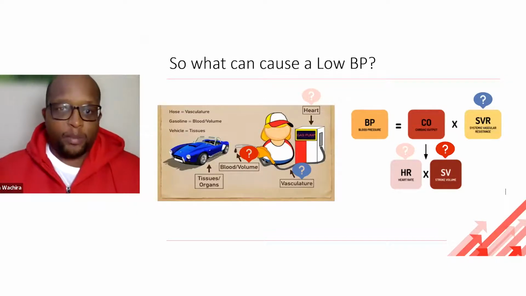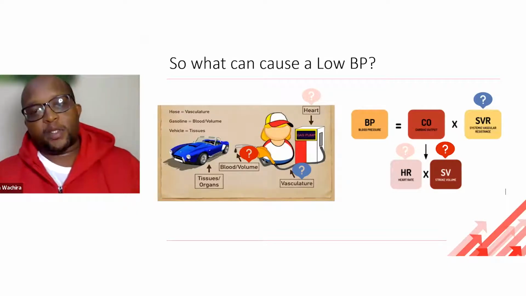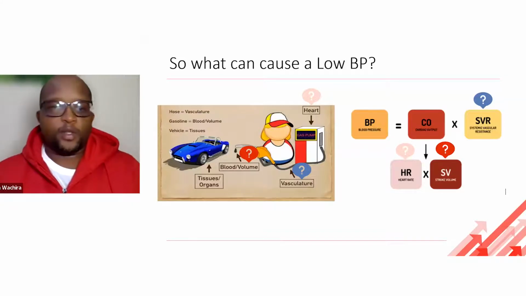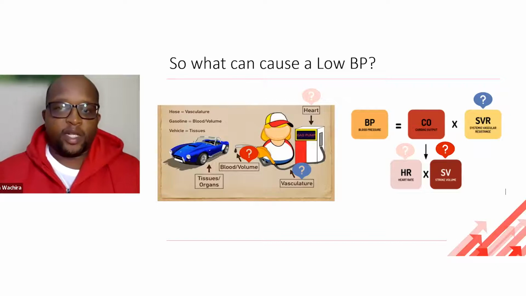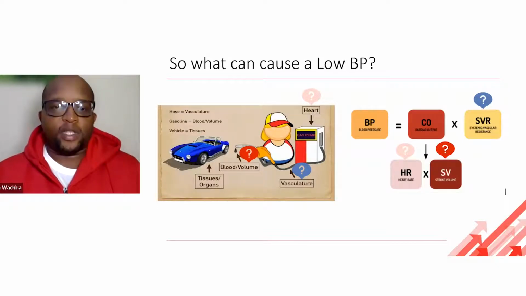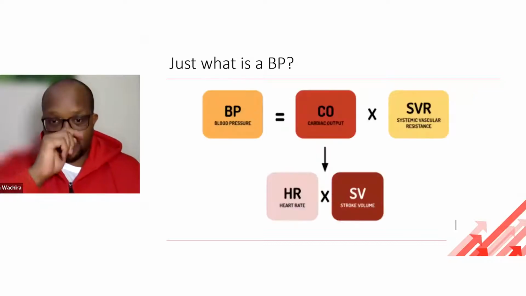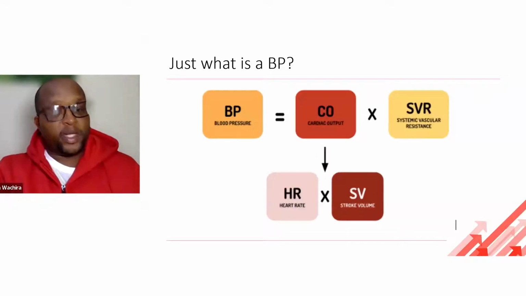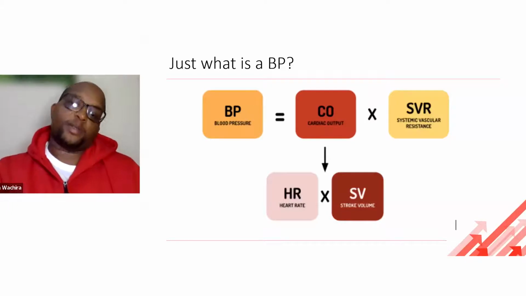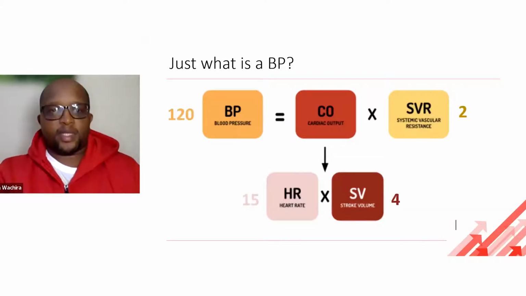So using the analogy of a gas station or fuel station, the heart is where your heart rate is affected, your vasculature is your systemic vascular resistance, and your blood volume is your stroke volume. Good. So back to my BP: BP is heart rate times stroke volume times systemic vascular resistance.